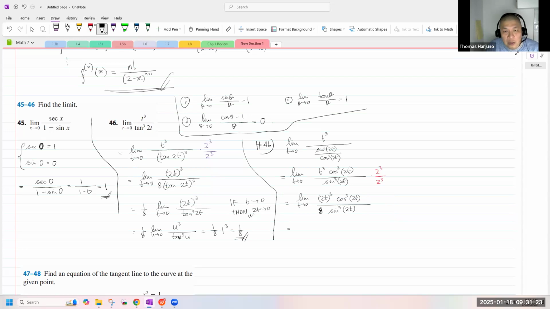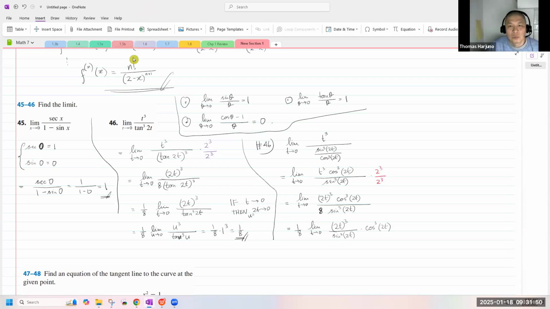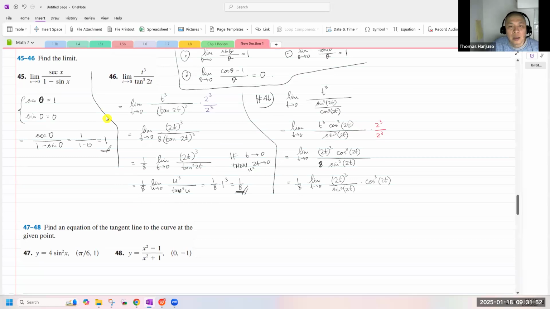In other words, I can now write it this way. This is 1/8 limit t goes to 0 of 2t cubed over sine cubed 2t times cosine cubed 2t. Because the limit exists, let me just skip one step.